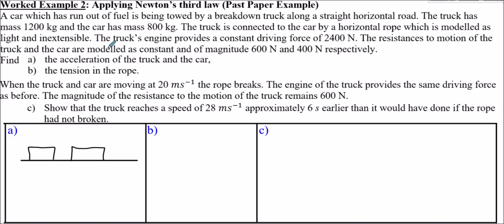We're told that the car has a mass of 800 kilograms, so its weight would be 800 g. So let's label in as we go. That's where the 800 comes from. And the truck has a mass of 1,200 kilograms. So on the truck, that'll have a weight of 1,200 g.